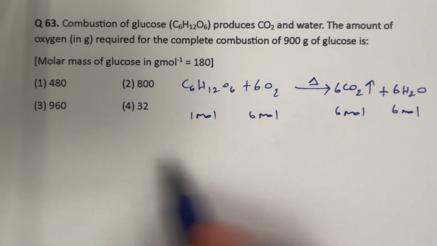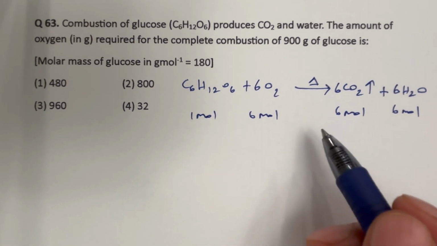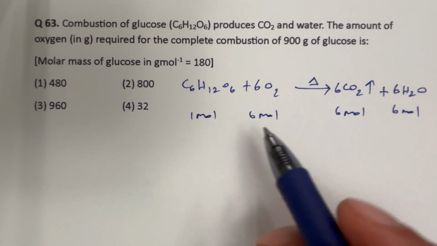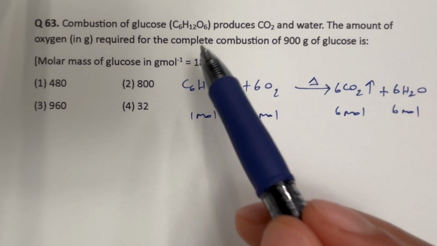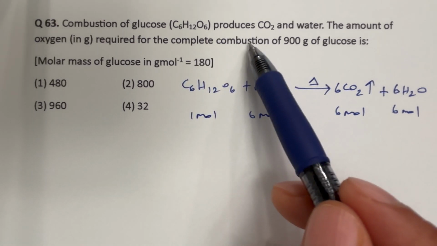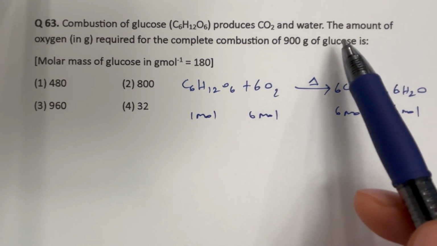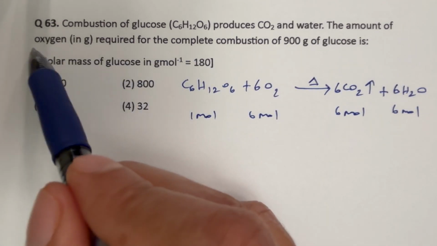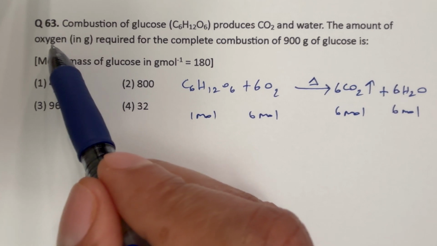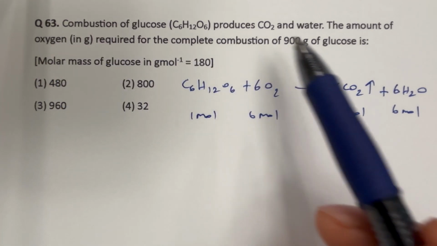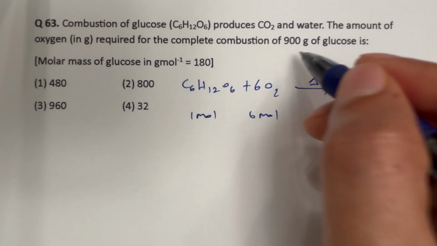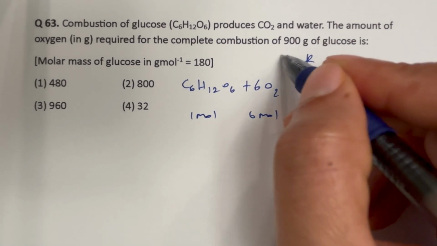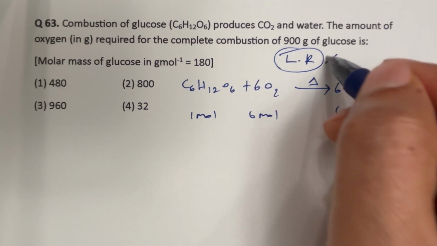Here we don't have to calculate the limiting reagent, because what we have been asked is to calculate the mass of a specific reactant, oxygen, that is reacting with a specific amount of another reactant, and therefore no need to calculate limiting reagent.